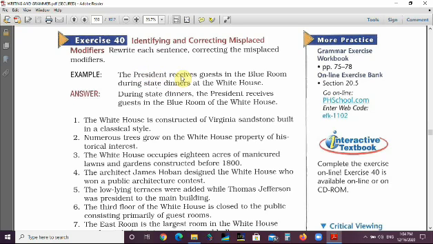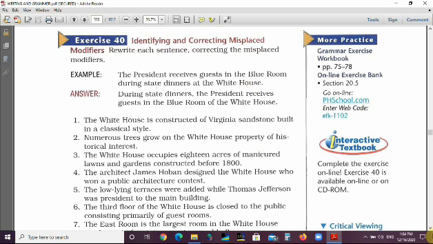At the White House should be put next to the Blue Room, so the answer should be: The president receives guests in the Blue Room of the White House during state dinners.